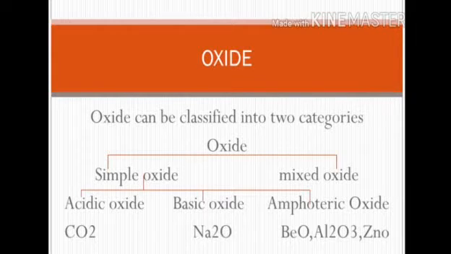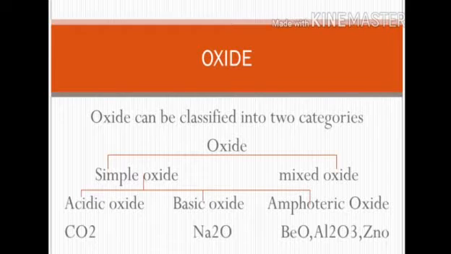I would like to tell you about the periodic trends in the acid-base character of oxides. On moving across a period, the acid-base character of oxides changes from basic to amphoteric to acidic.